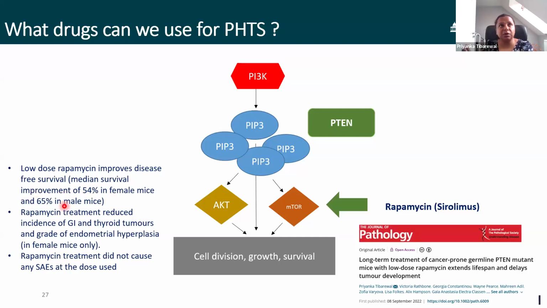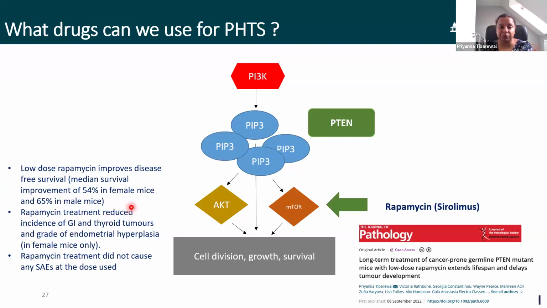So just to give you an example, if our female mice not on the drug were getting tumors around 1 year of age, on rapamycin the tumors started occurring around 1.5 years, so around 18 months of age. So there was a 50% improvement in disease-free survival.